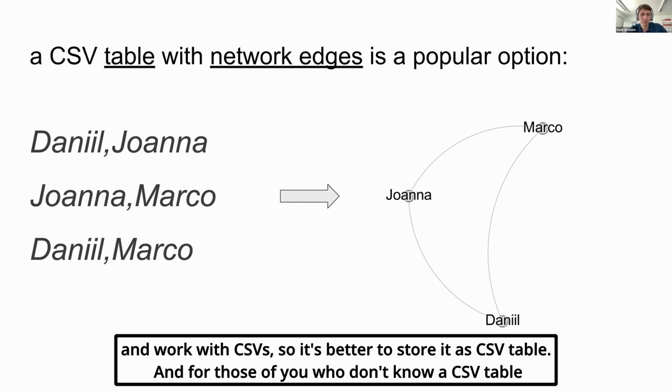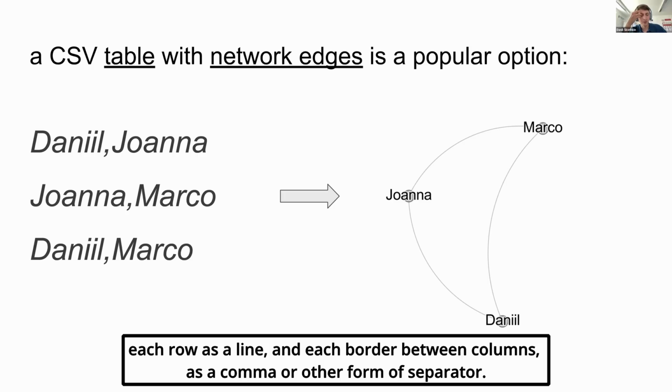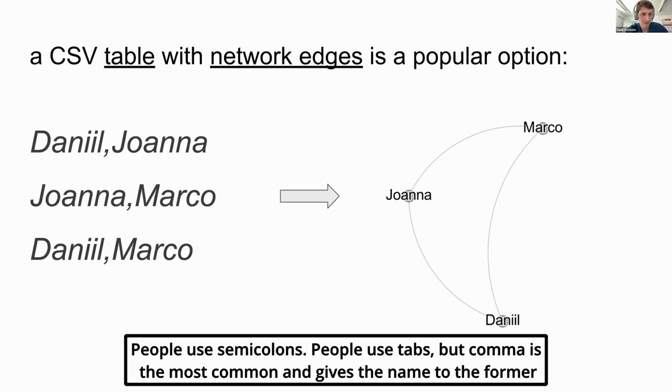For those of you who don't know, a CSV table is basically just a file in your notepad where you model a table by representing each row as a line and each border between columns as a comma or another form of separator.